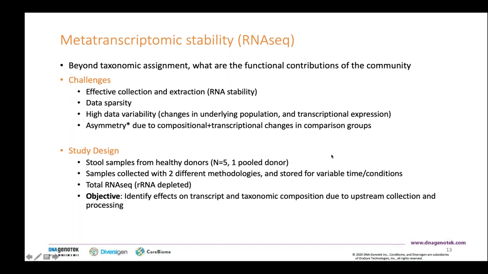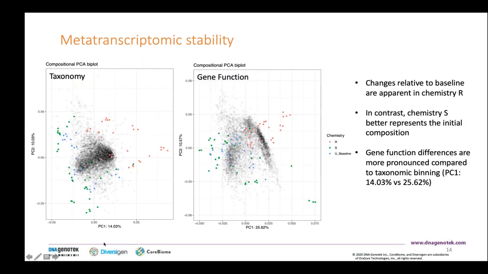So here we took stool samples from healthy donors with 2 broad methodologies over different conditions, and compared the total RNA-seq transcript composition and taxonomic composition. So these are represented in compositional PCA biplots.